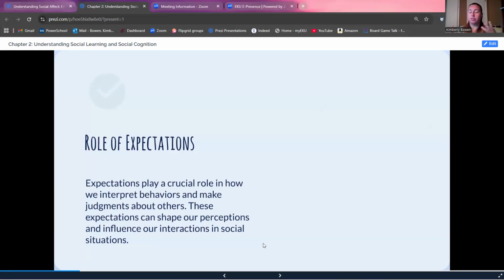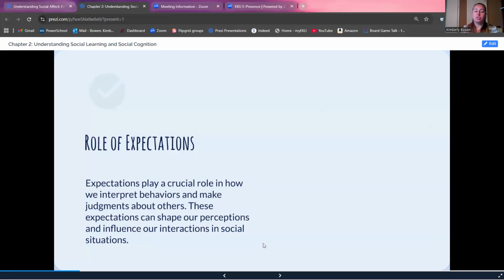So say you have the ideal body image, right? That's a good example of a societal role expectation here in the US that has received a lot of pushback, and rightfully so, because it was, especially for women, an unrealistic goal for the vast majority of women in the United States.